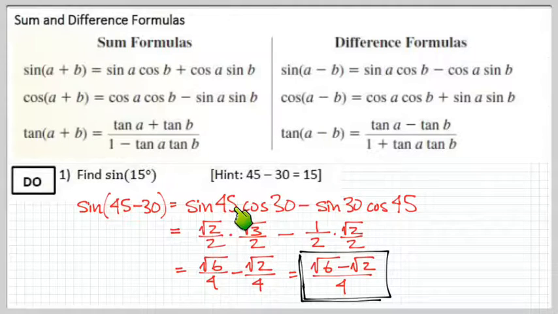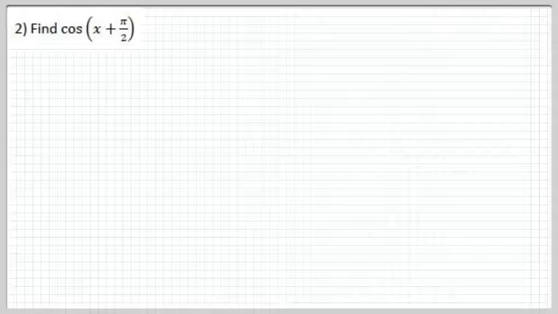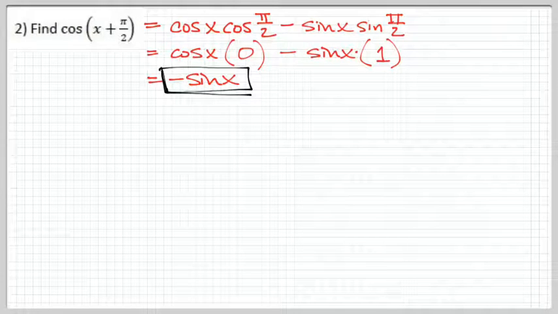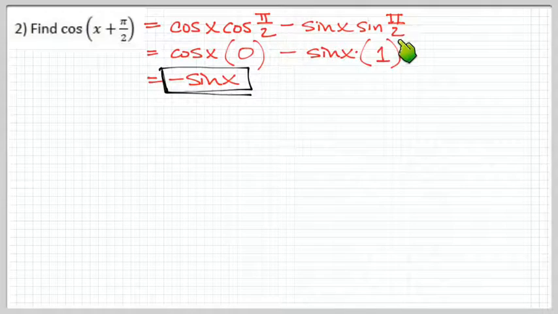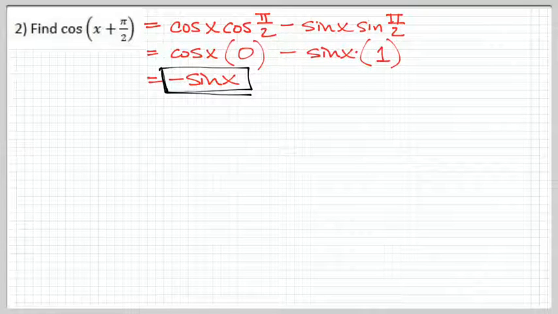These are just values that come from our unit circle. Same thing with cosine, this problem here. Over here we expand, and according to our unit circle, we know cosine of pi over 2 is 0, sine of pi over 2 is 1.